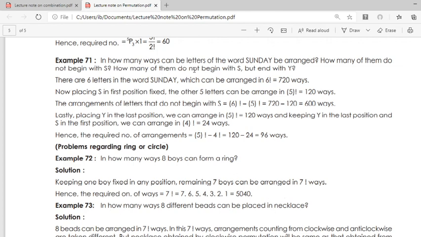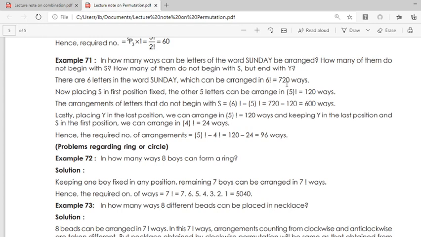In how many ways can the letters of the word Sunday be arranged? How many of them begin with S? How many of them do not start with S but end with Y? Now the word Sunday has 6 letters. In how many ways can they be arranged?